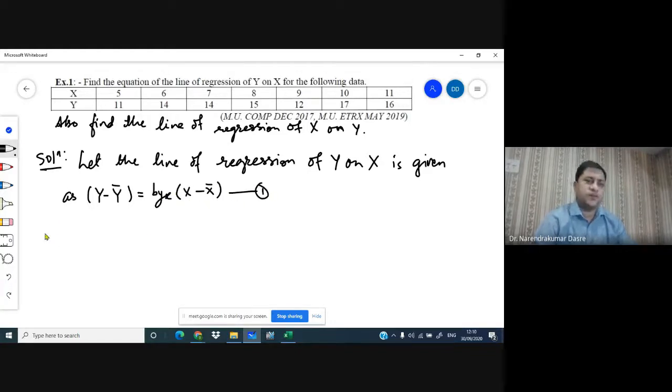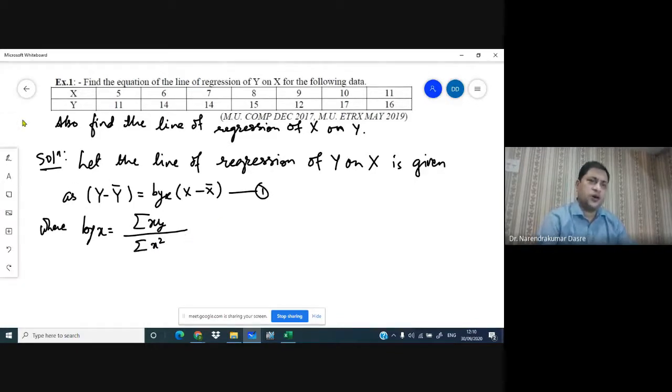This is equation 1. Where Byx is equal to summation xy upon summation x square.